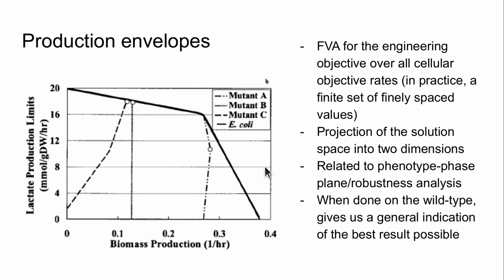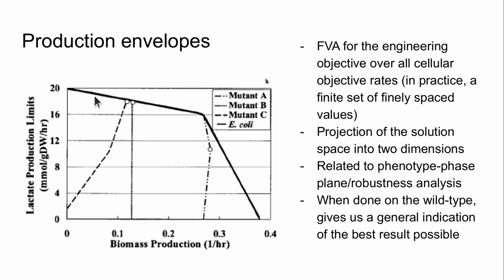And so to do this, we use what we call production envelopes. Now, I introduced the term a bit late, but we've shown quite a few of them already, not only today but also in the last lecture earlier this week.